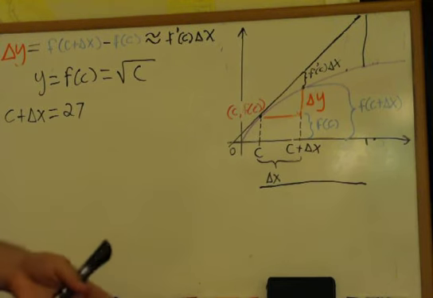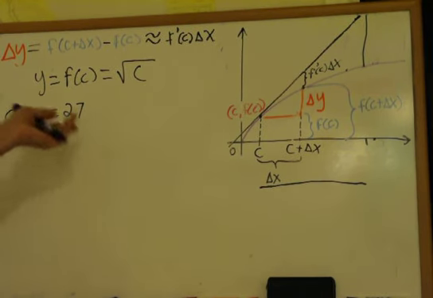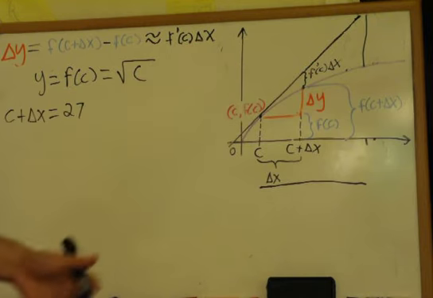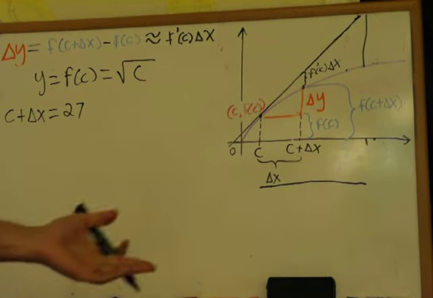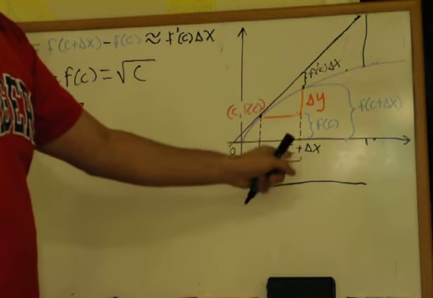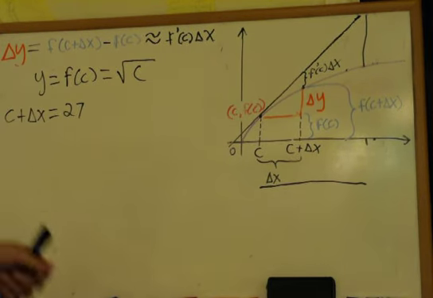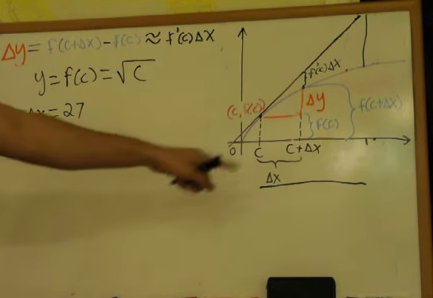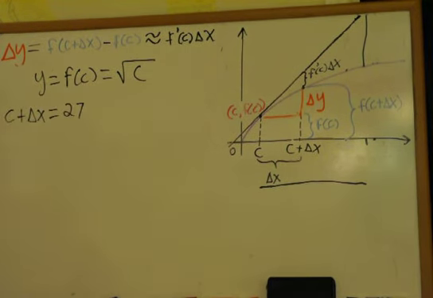When you're actually doing differentials, you're not going to write c plus delta x, you're just going to say that x is equal to 27. But, like I said, so that I can show you on the graph, I'm going to write out with the notation that I have on the graph. So, that's 27, this is the value we want to approximate, and so c is equal to 25.